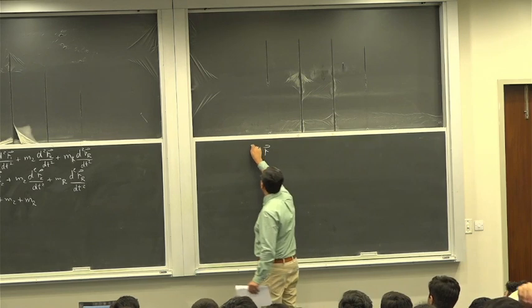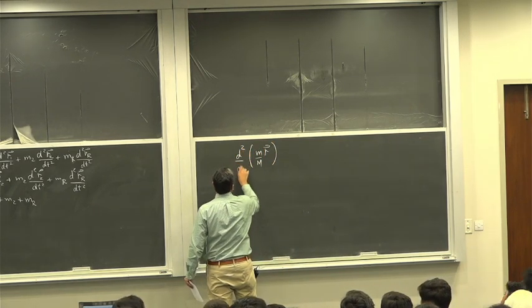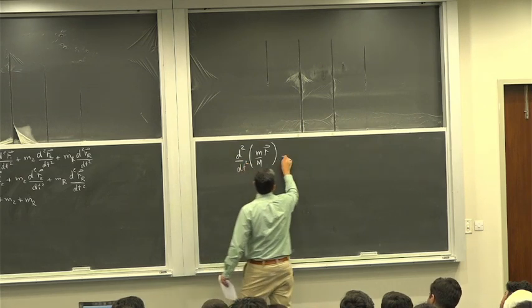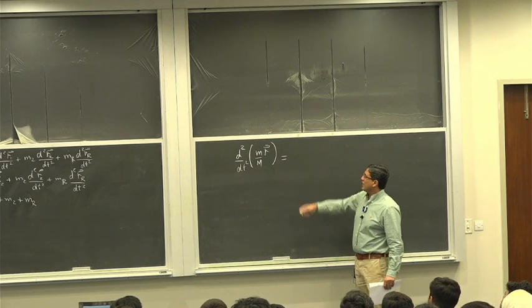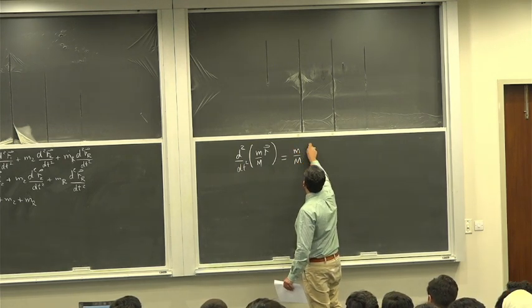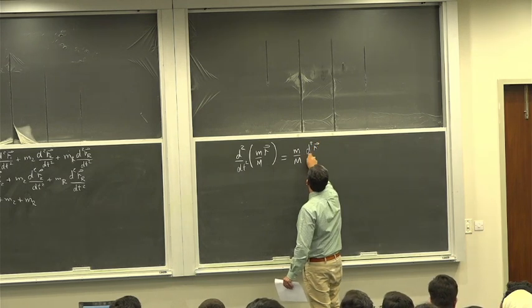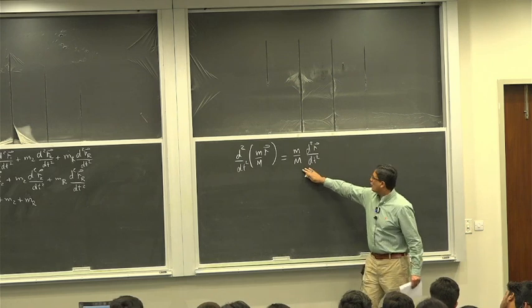Now if I take a double time derivative of this quantity, what am I going to get? No, I mean analytically. MR over M d squared. Is this right? Of course, because it's constant.